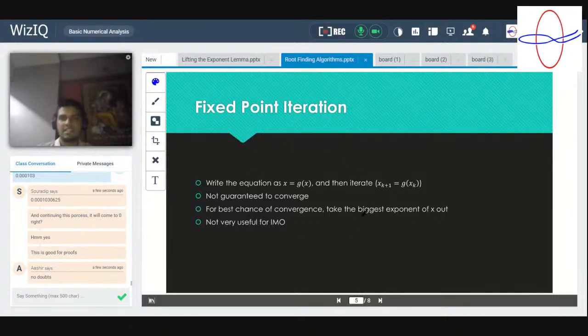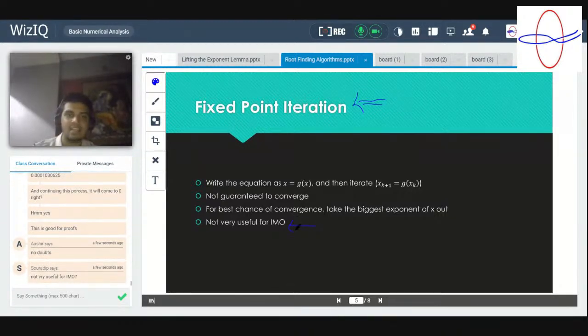This is actually a hit and trial method, fixed point iteration, and generally will not be of much use in the IMO because, again, it's an iterative method and we do not have a guarantee that it will converge.